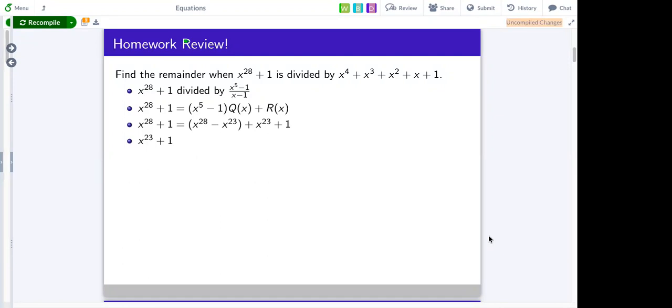If we do the same logic again, we write this as x to the 23rd minus x to the 18th plus x to the 18th plus 1. And we can continue this chain, dropping the exponent by 5 every time, all the way down to x to the 8th plus 1.